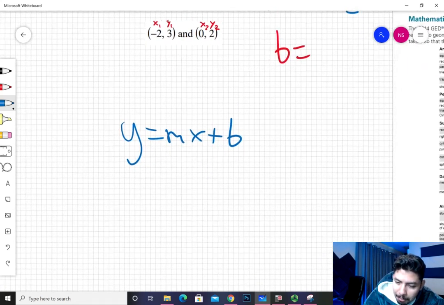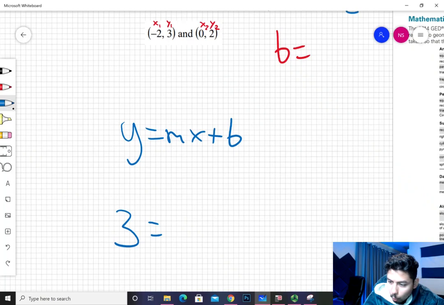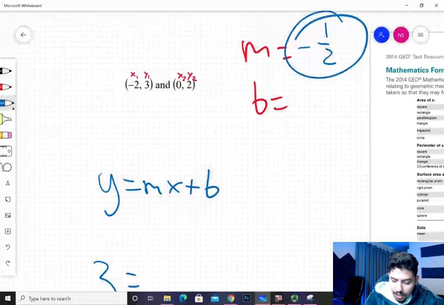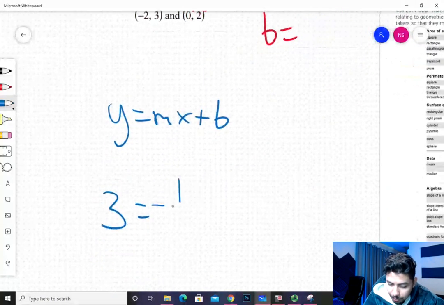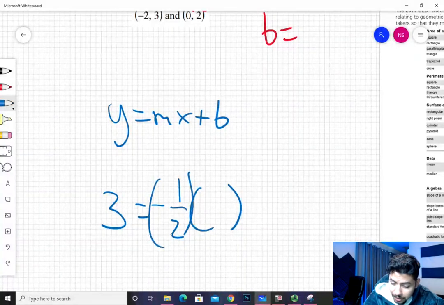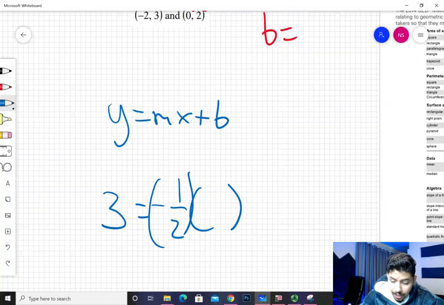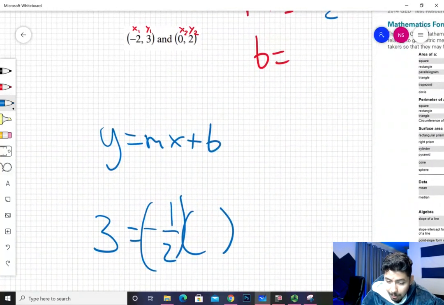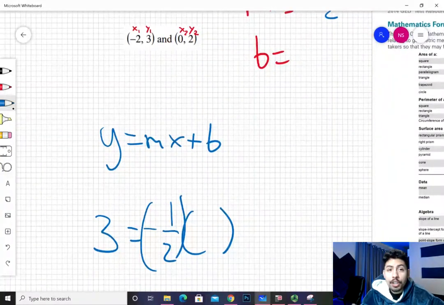If I were to get my y and substitute it with 3 equals, my m was negative 1 over 2. I'm going to put negative 1 over 2. My x was, oh yeah, and you could put these in parentheses if you want. My x was, not if you want, you need to.